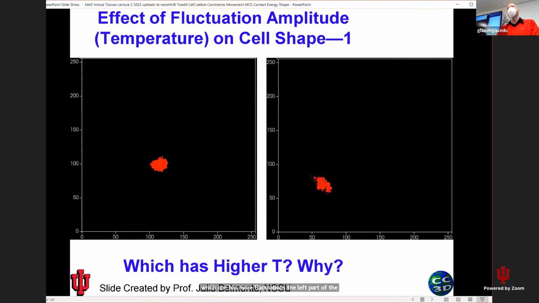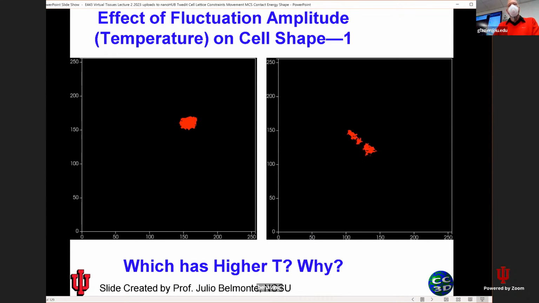The one on the right. That's telling us that the fluctuation amplitude for that cell is high. If I look at the one on the right, it's actually falling apart into multiple clusters, which is not something that's biologically realistic. So that cell has fluctuations that are so big that it's behaving in a non-physical way.